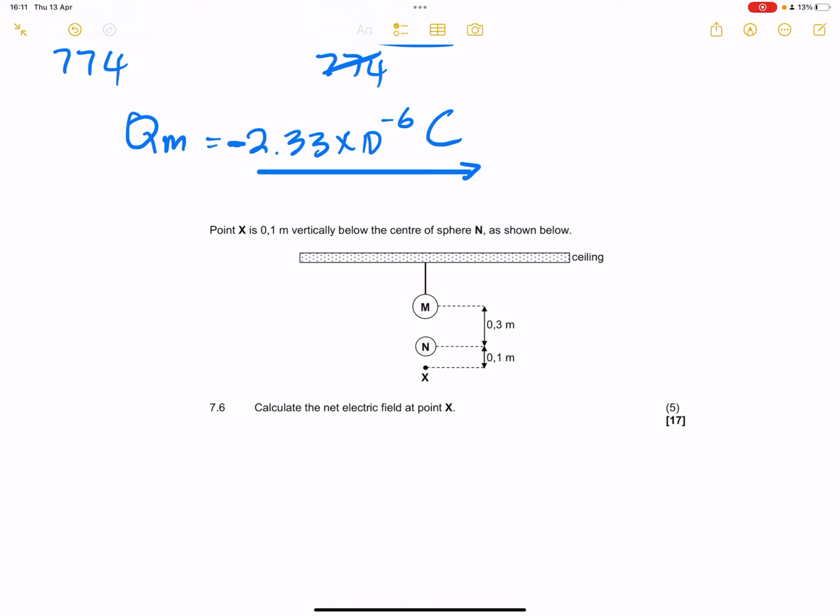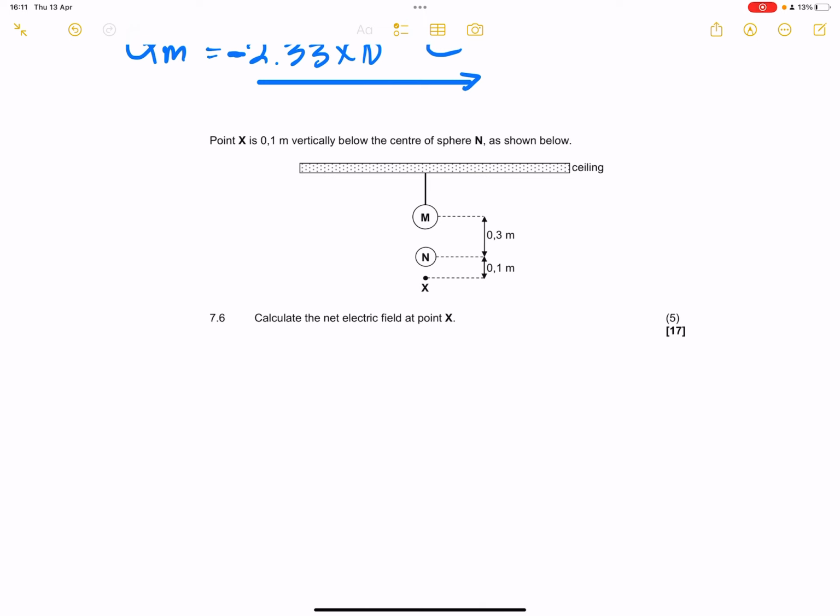Calculate the net electric field at X. Now please remember, ladies and gents, when you're dealing with electric field, what I'm going to do is put the magnitude of the charge there.